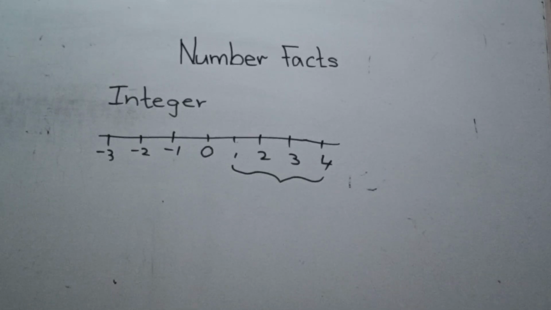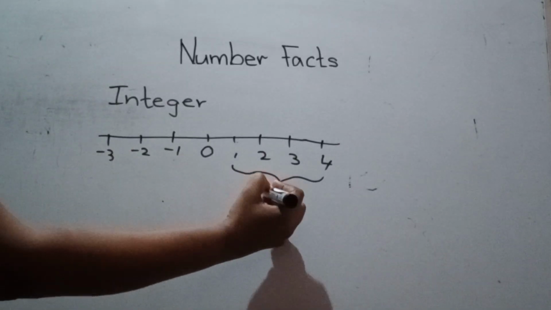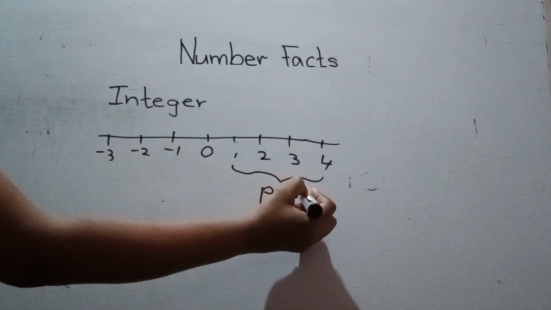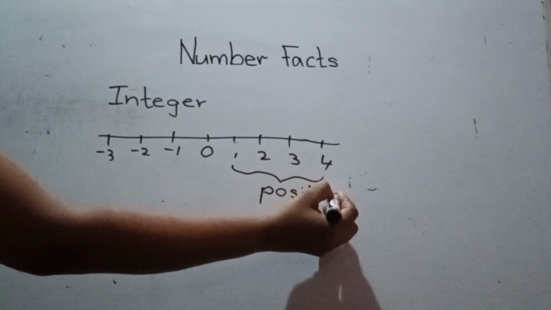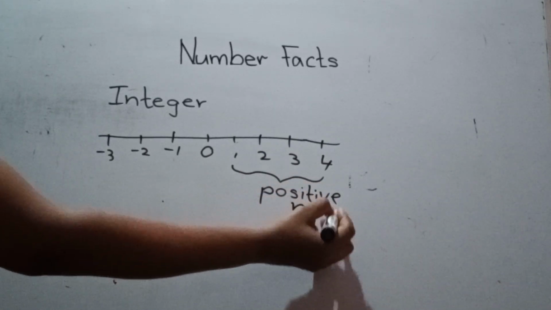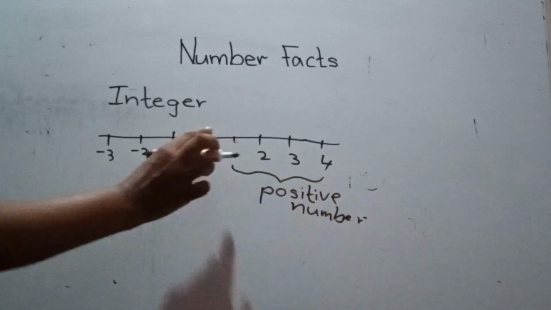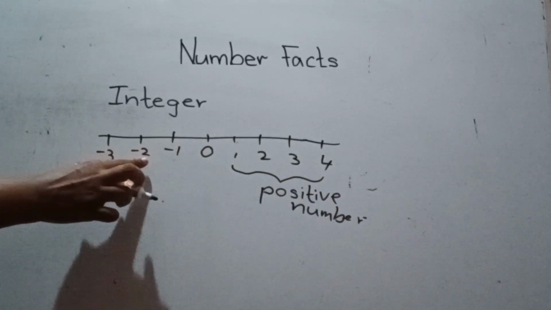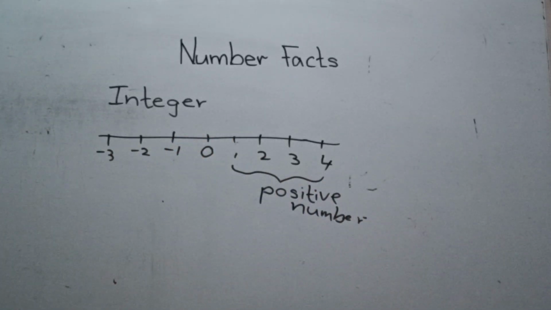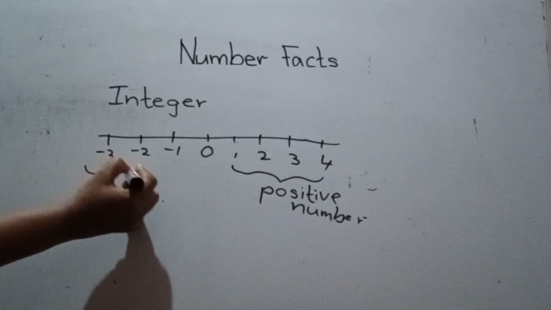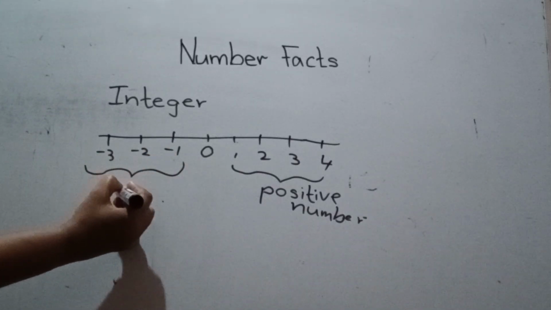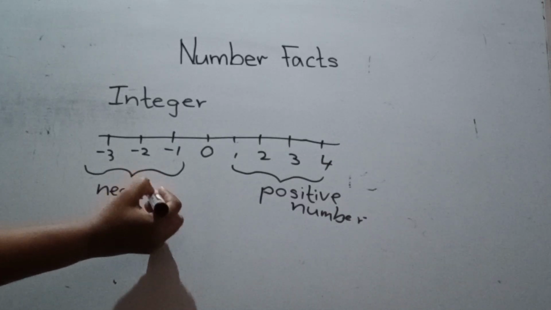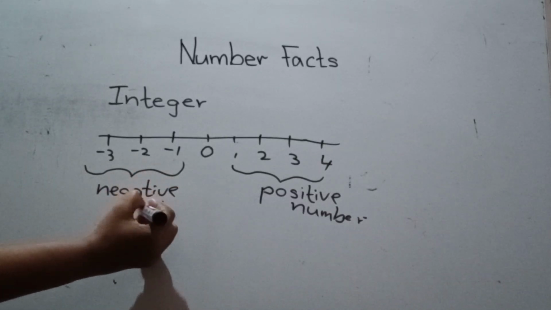Yes, counting numbers or positive numbers. Positive numbers. So -1, -2, -3, what can we call them? We can call them negative numbers.